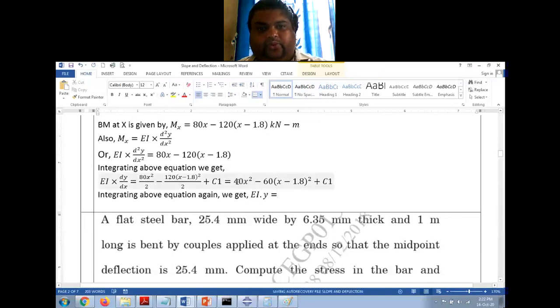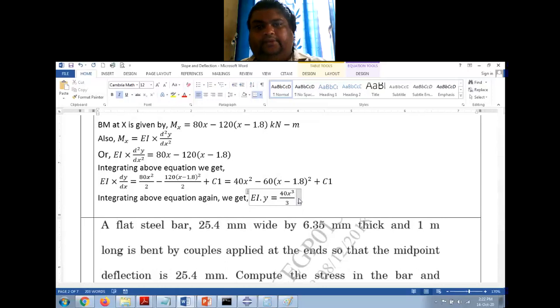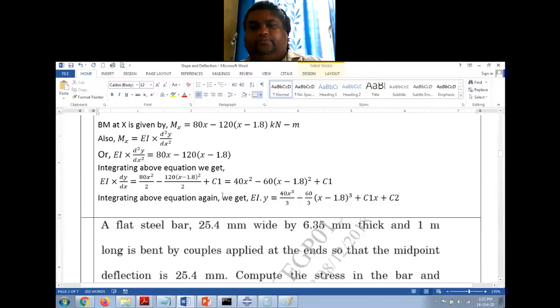So it is 40x square, integration of 40x square will be 40x cube by 3, right? Minus, this will be 60 by 3 into x minus 1.8 whole square is there, so it will become whole cube, plus c1 will become c1x plus another constant c2, right?